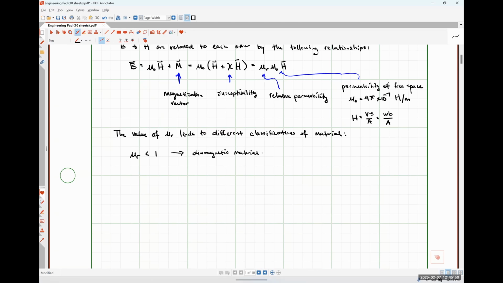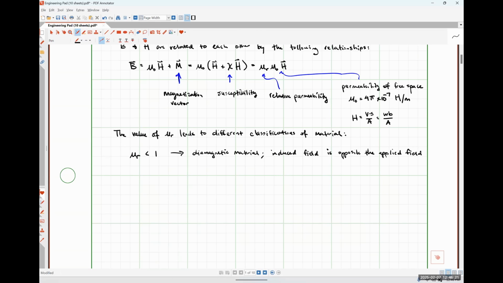And in a diamagnetic material, the induced field is opposite the applied field. So some examples of diamagnetic materials would be the overwhelming majority of organic materials.